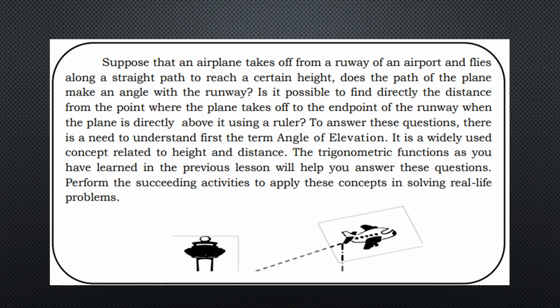To answer these questions, there is a need to understand first the term angle of elevation. It is a widely used concept related to height and distance. The trigonometric functions, as you have learned in the previous lesson, will help you answer the following problems.